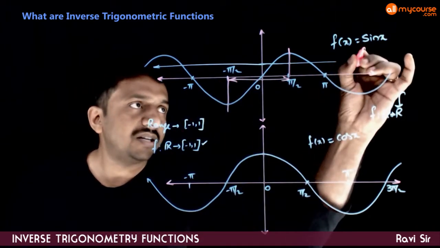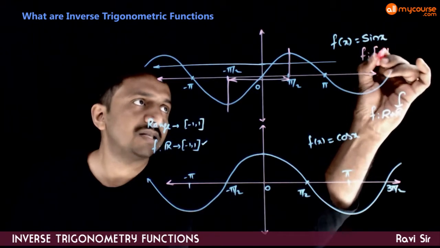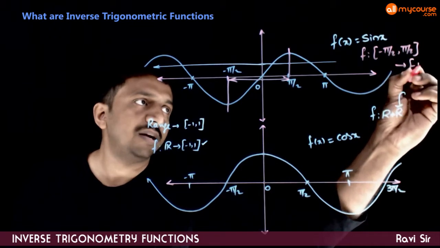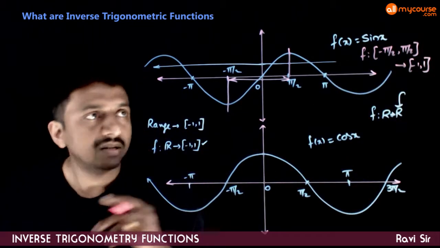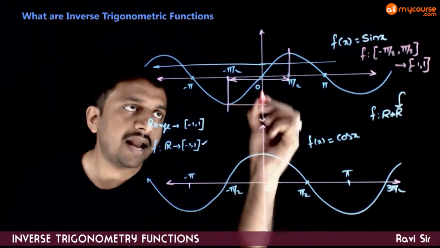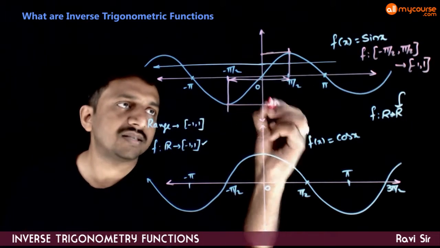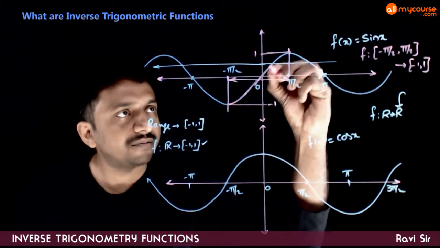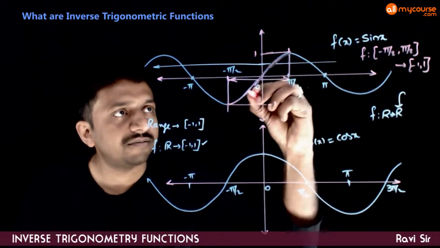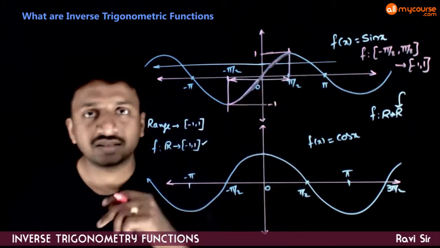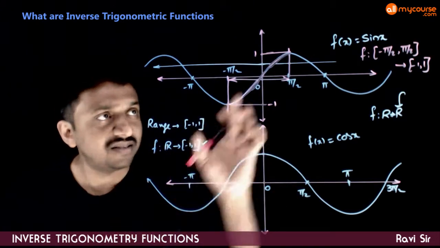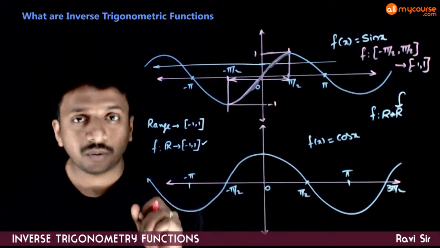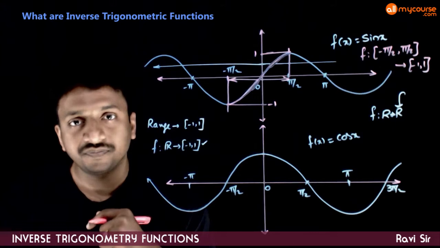So I'll restrict the domain to -π/2 to π/2 and the codomain to -1 to 1. Within this domain and range, you have only this part of the graph. This part of the graph is a 1-1 onto function, hence it is a bijective function. So only for this part of the graph do we define the inverse function.